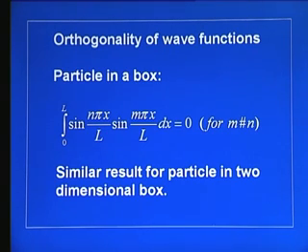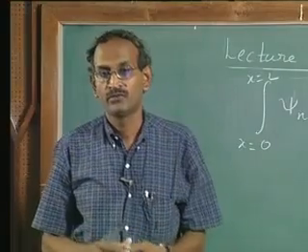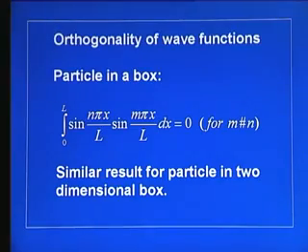The orthogonality of wave functions for a particle in a box, as you see here, is that the integral of the two wave functions sin n pi x by L and sin m pi x by L dx, integrated between the limits of the particle in the box, that is integrated over all the space available to the system, is 0 for solutions which do not have the same eigenvalue.